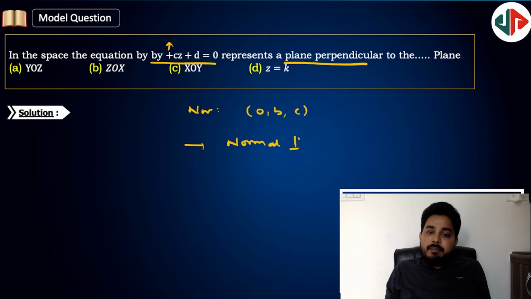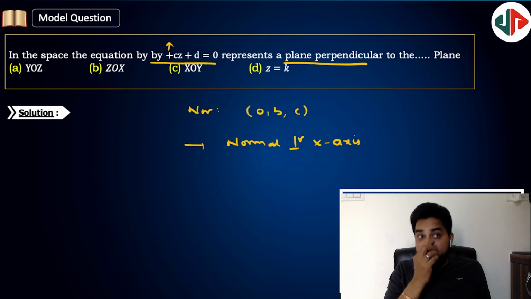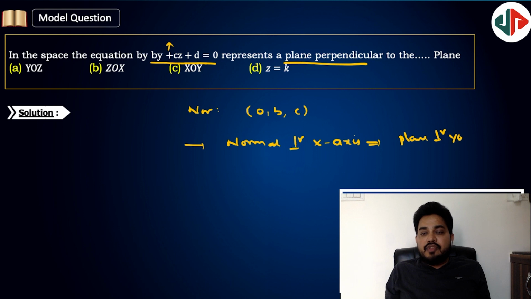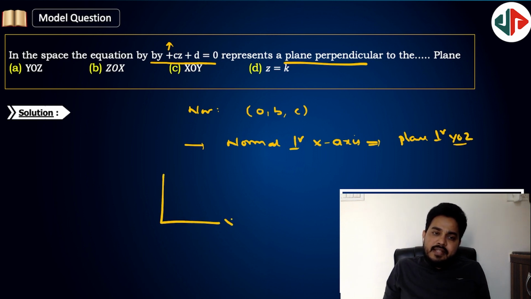So the normal is perpendicular to the x-axis. If the normal is perpendicular to the x-axis, the plane is perpendicular to YOZ. Because you take this as the x-axis, this as the y-axis, this as the z-axis.